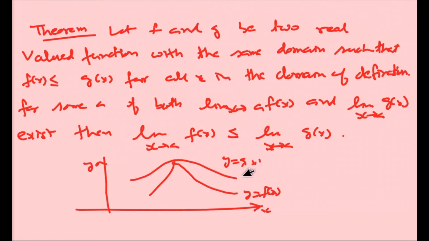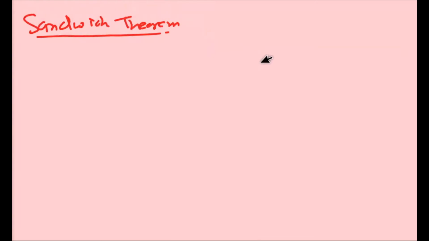So we can say f(x) is less than g(x) for all values of x. Now using this property we can state a very important theorem that is known as the Sandwich Theorem. It is a very important theorem.